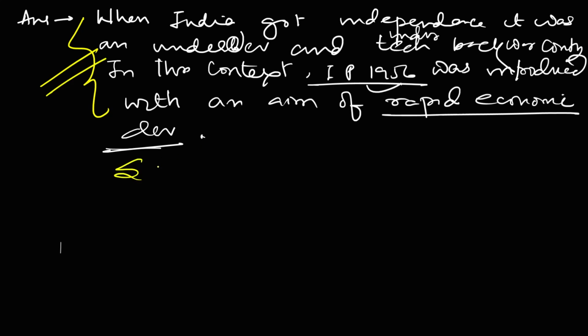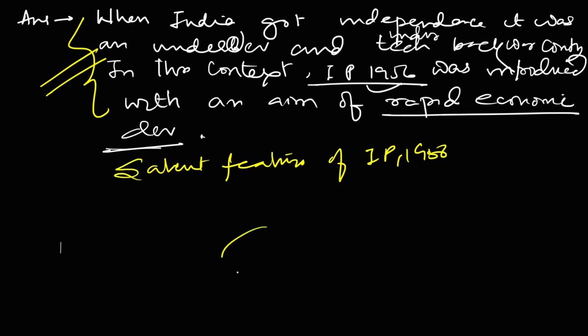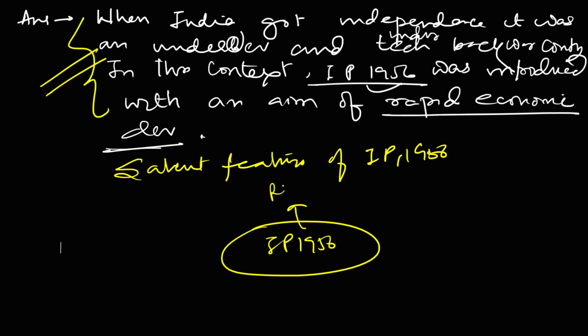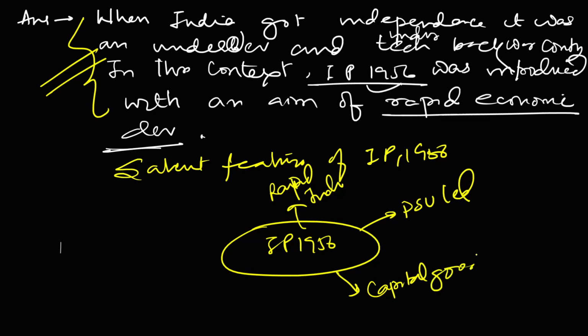Then you will talk about the salient features of the industrial policy 1956. You can draw a diagram also. You can see the focus was on rapid industrialization, then PSU led, public sector unit led, then the focus was on capital goods, and it was based on import substitution.